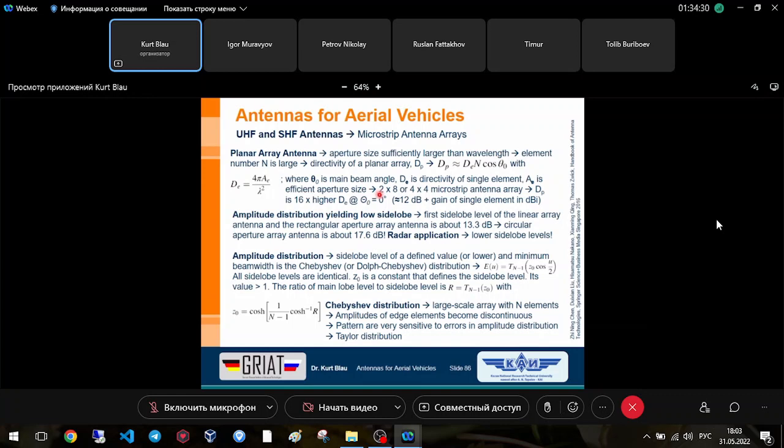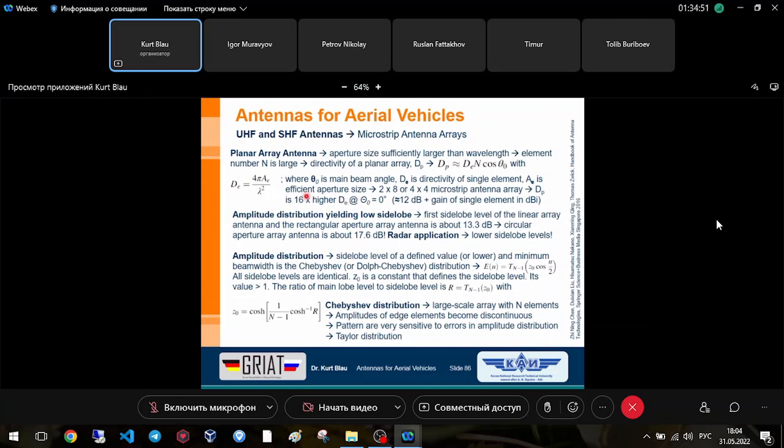And now, with this number of elements, what we have discussed in the slides before, 16 elements, may be arranged as a 2 by 8 element or by 4 by 4 microstrip antenna array. Then we can say how large the gain is regarding the single element.